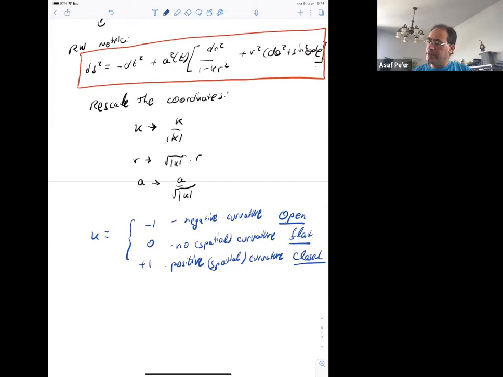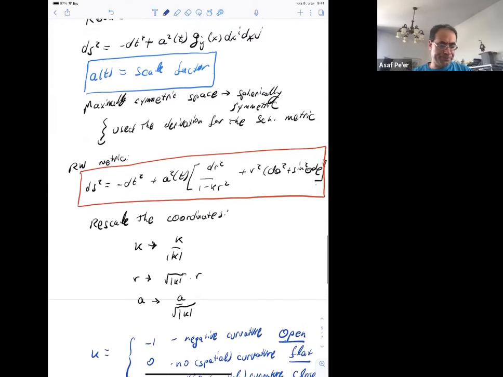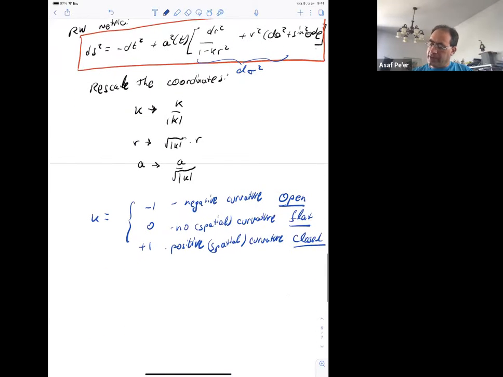If I write this as d sigma squared, just to denote the spatial part, then for k equal to 0, d sigma squared is just dx squared plus dy squared plus dz squared, which is dr squared plus r squared d omega squared.